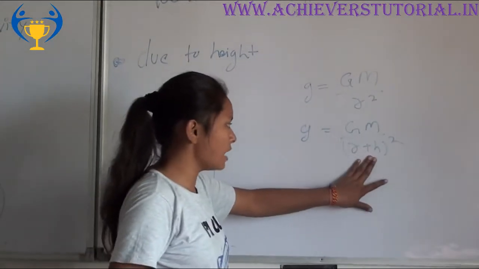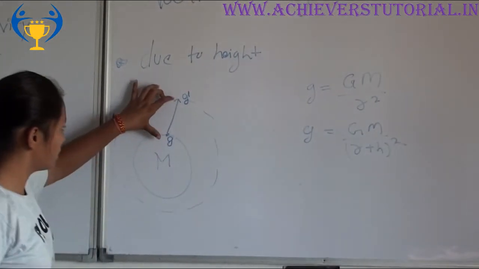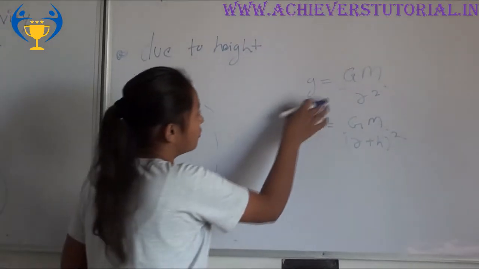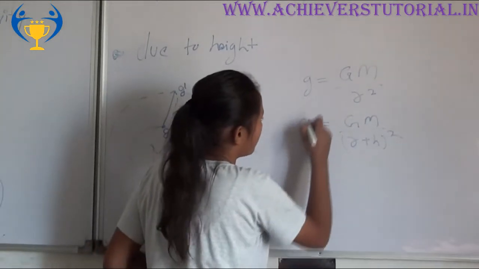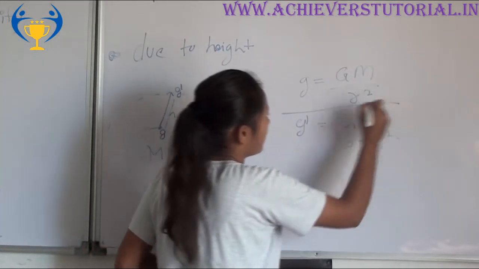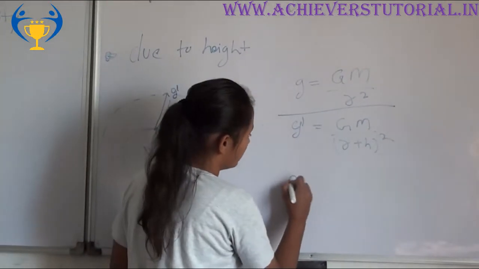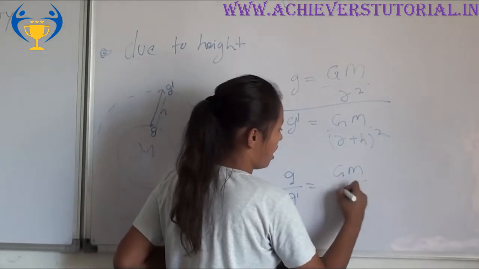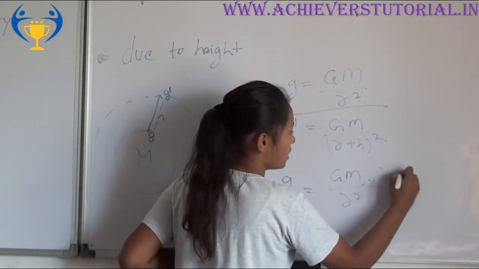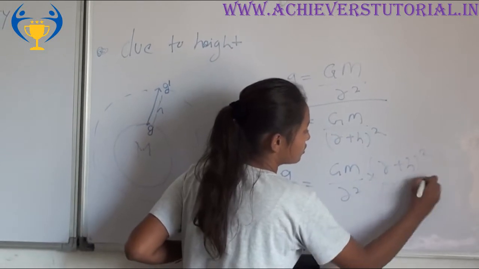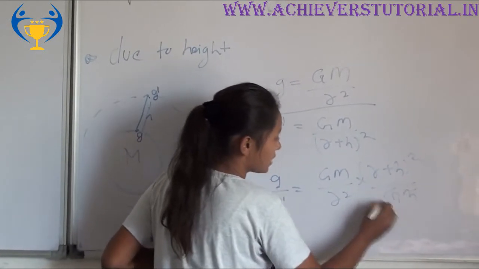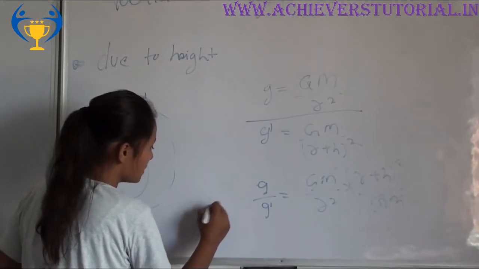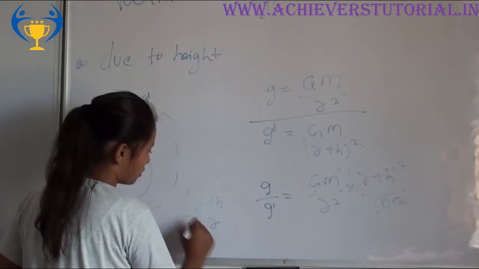We added h here because the distance from the object is increased by the height h. Taking the ratio, g upon g at height is equal to Gm upon r square divided by Gm upon (r plus h) square. Gm cancels with Gm, and then it remains (r plus h) square upon r square.